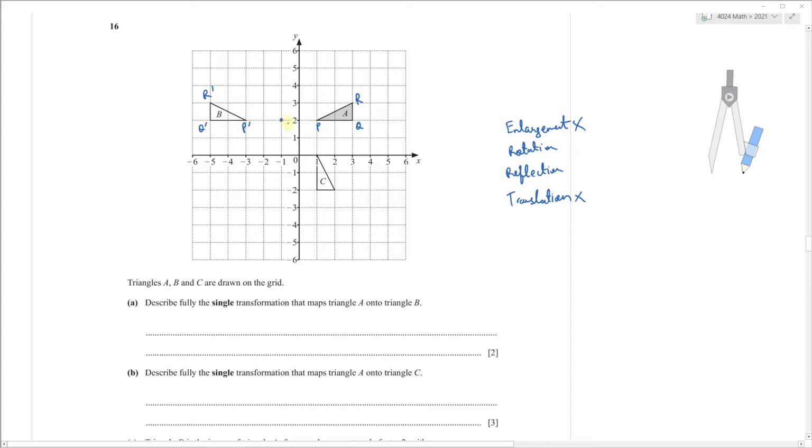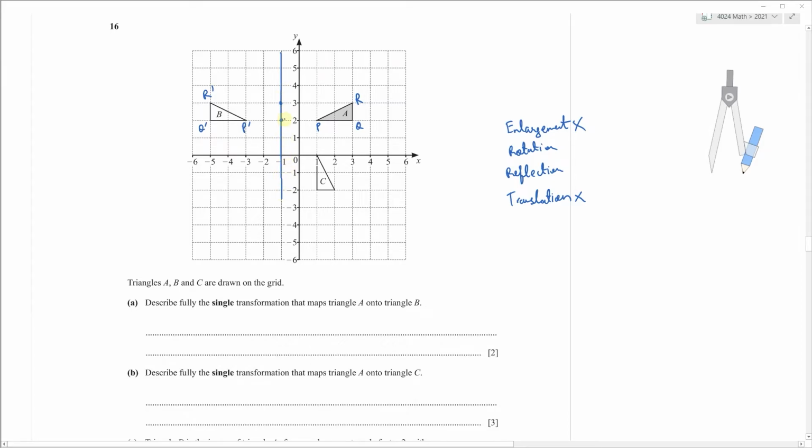The distance is 2 here, and the distance is 2 here. Then let's look at the midpoint of R and R prime. 1, 2, 3, 4, 5, 6, 7, 8 boxes, so 1, 2, 3, 4. This is the midpoint of R and R prime. To find the line of reflection, you simply join these two points through a straight line.